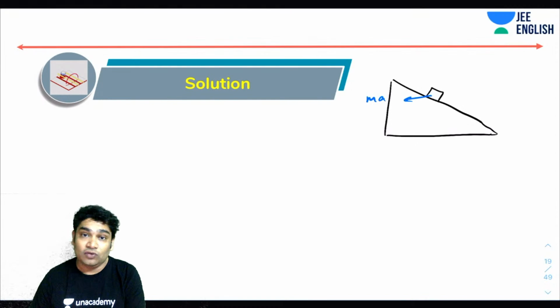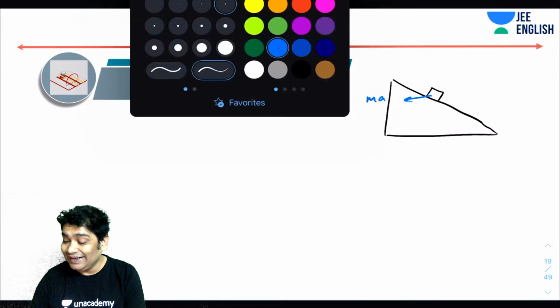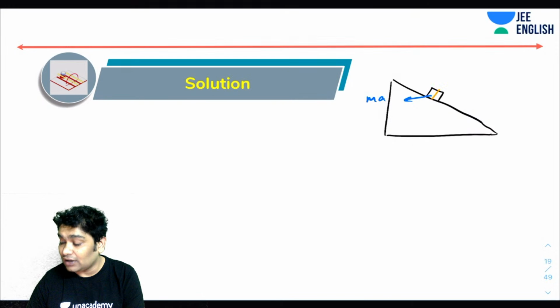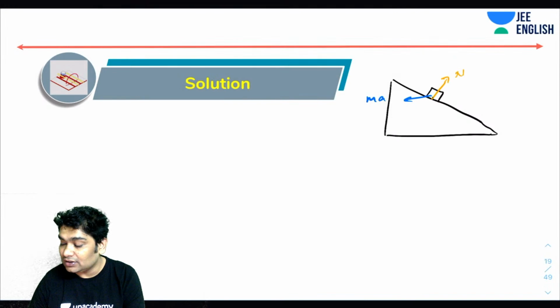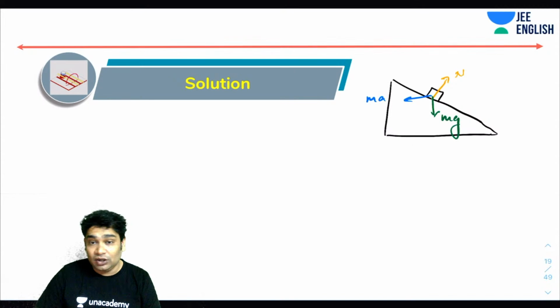So it will have a pseudo force of ma. Then it also has some N acting in this direction, and then of course it has mg acting in this direction. These are the three forces that you will see acting on the block in the reference frame of the wedge, right?